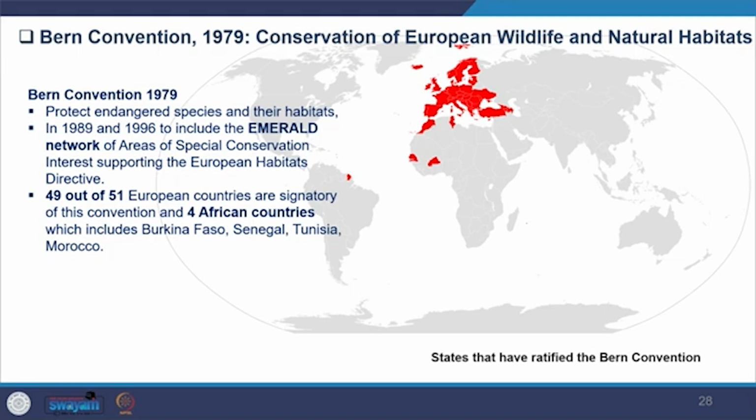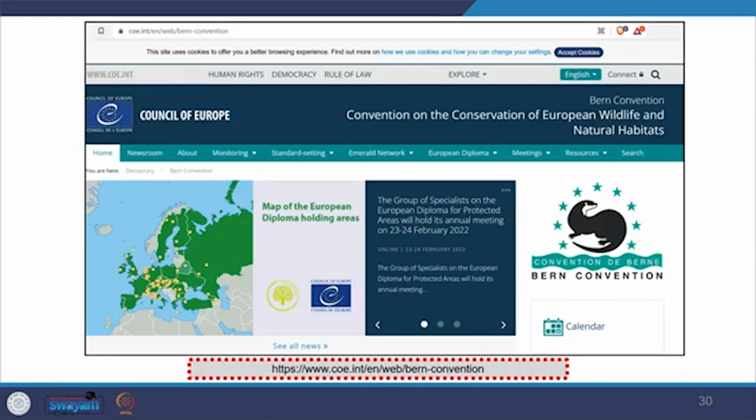Its implementation was launched by Council of Europe, and 49 out of 51 European countries are signatories of the convention, and 4 African countries are part of this, which include Burkina Faso, Senegal, Tunisia and Morocco. So for more information, you can find it on the website of Council of Europe. Links are provided in following slides and in the suggested watch also.